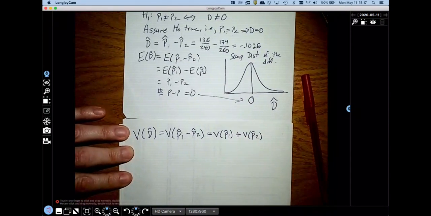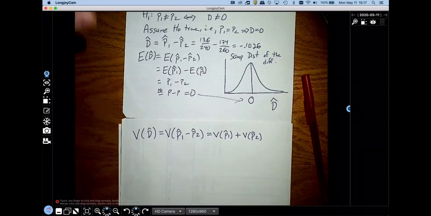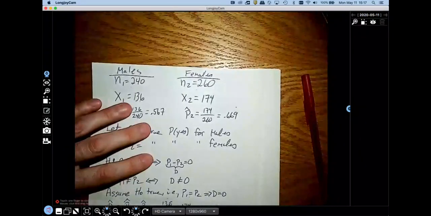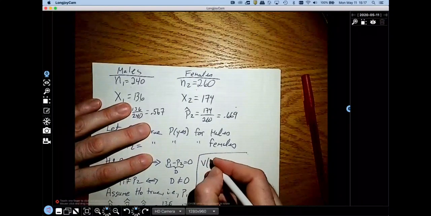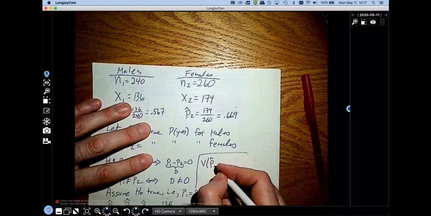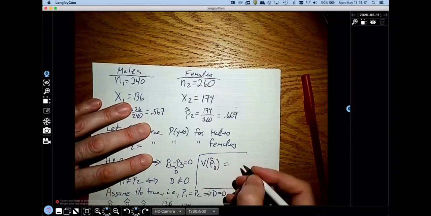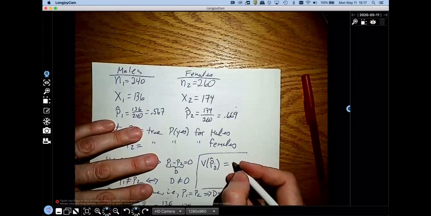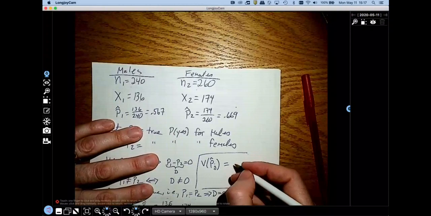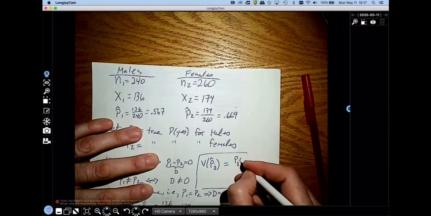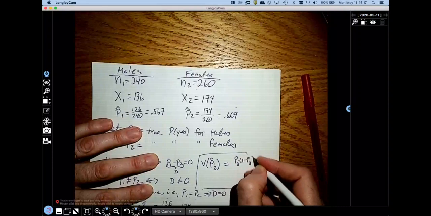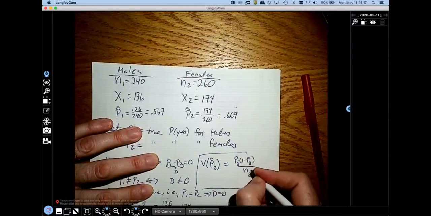Now, what you have to remember, I'm just going to write over here, is the variance of p hat sub j for group j. Remember from, this must have been week 4 when we did sampling distributions, it's just going to be pj times 1 minus pj all over nj.